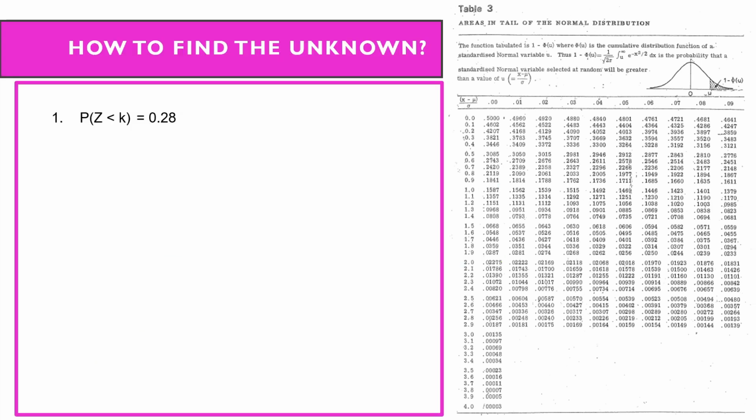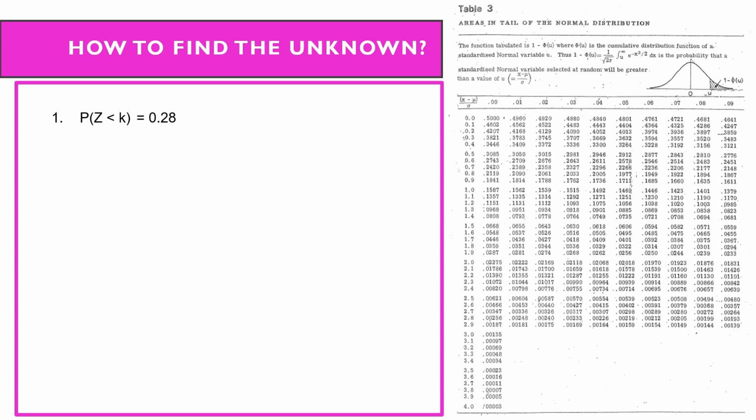In the previous example, you learned how to find the probability value or percentage given the x or z value. If given the x value, you need to transform x using the z formula, x minus mu over sigma.